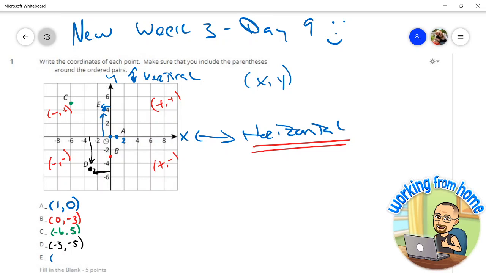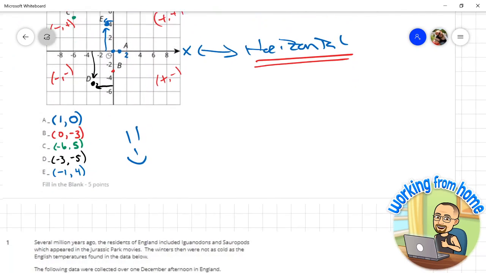Okay. So x-axis is going to be negative because it's in quadrant number 2. All right. So halfway between the origin and 2 is a negative 1. And then we move up the vertical, and that's a positive, so it's 4. Okay? This is just practice. Once you do it a few times, it's really pretty easy.